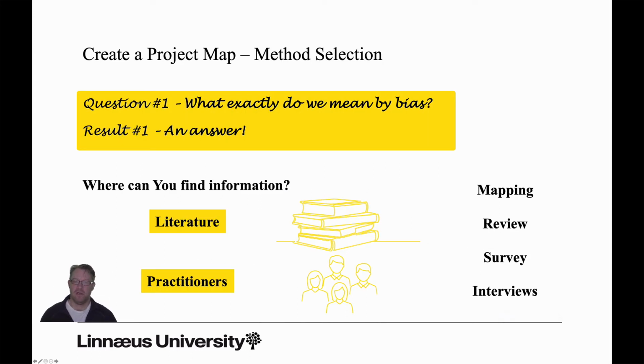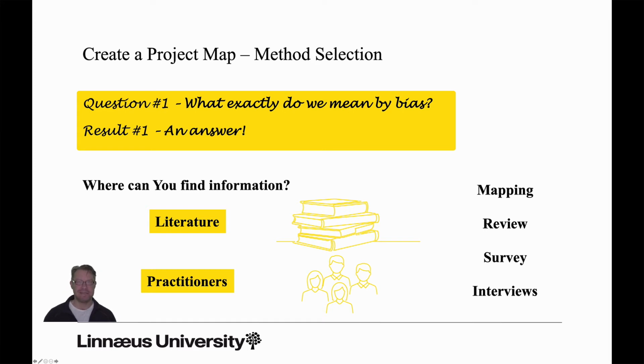So continuing now on creating the map. Well, now we have questions, now we have results, and as I mentioned before, you need the scientific methods. The scientific methods to make sure that you can achieve scientific quality.